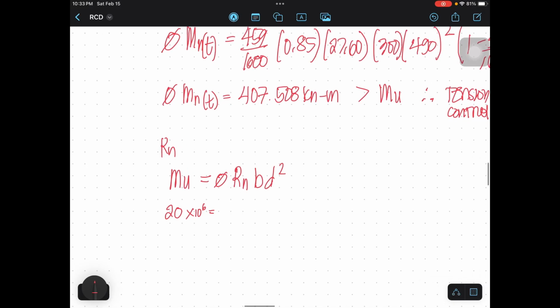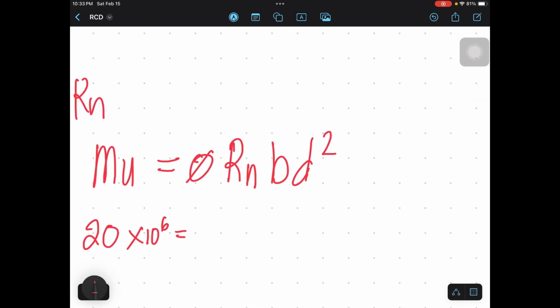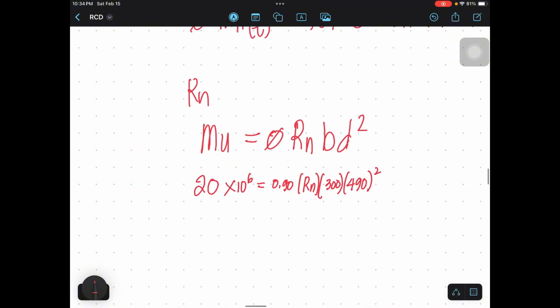Dahil nasa tension control tayo, meron tayong reduction factor na 0.90 multiplied by the coefficient of resistance multiplied by sa kanyang dimension na 300 times 490 squared. So, yung ating coefficient of resistance is 0.3085 megapascal.